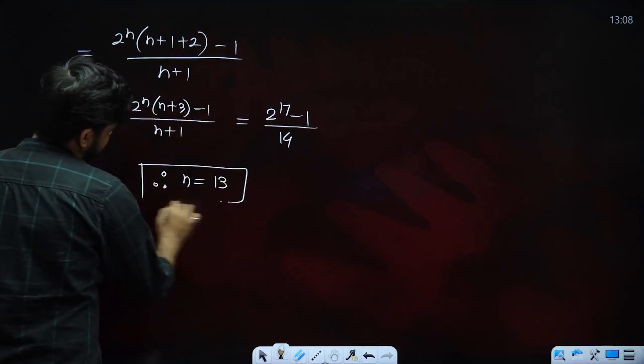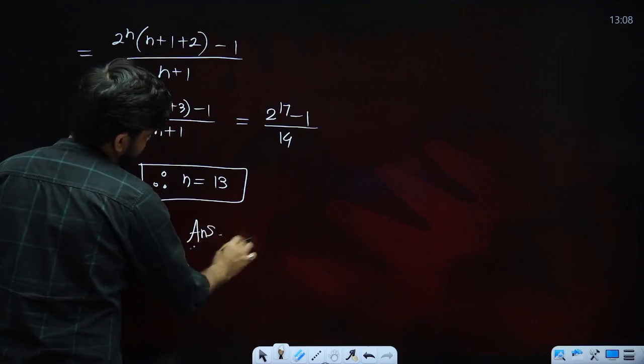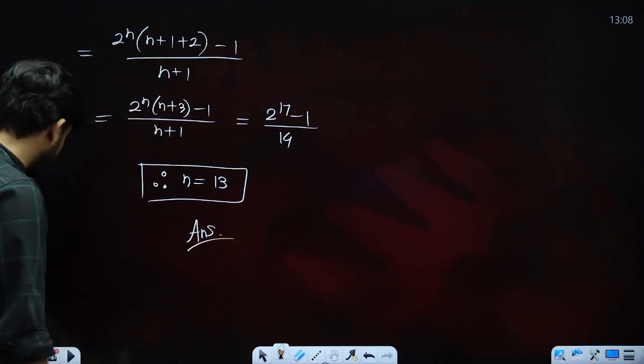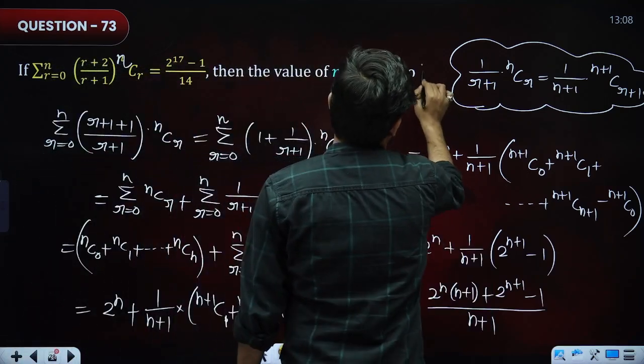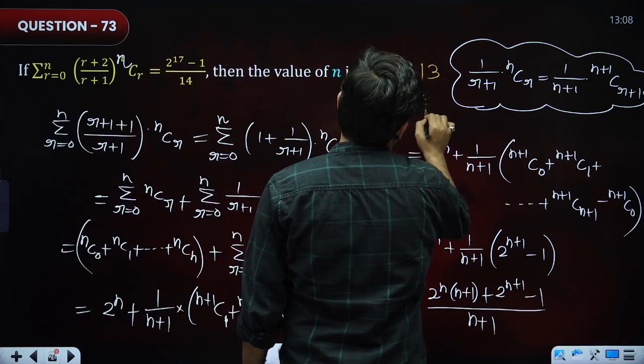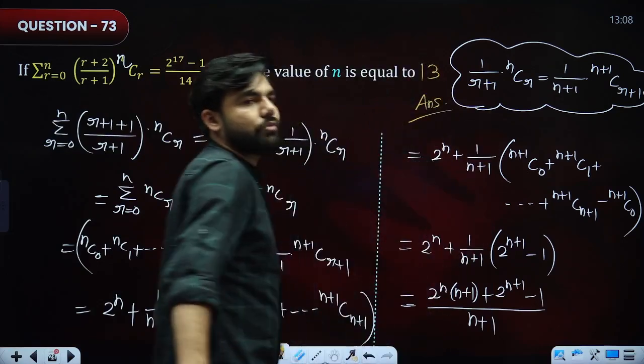Therefore, n equals 13 satisfies the condition. Okay, this should be your answer. n is equal to 13, and this should be the final answer over here.